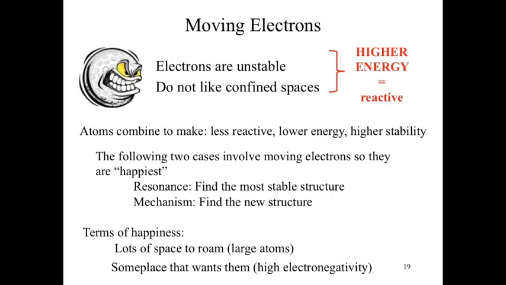So then what defines this happiness? We want lots of space. I mean, that's pretty much everything, or even humans. So we want to put our electrons onto larger atoms, and we want to place them someplace that actually wants them. So we want to place them on an atom that has a higher electronegativity than where they started. So that's the interplay that we're working with: ultimately size and electronegativity.